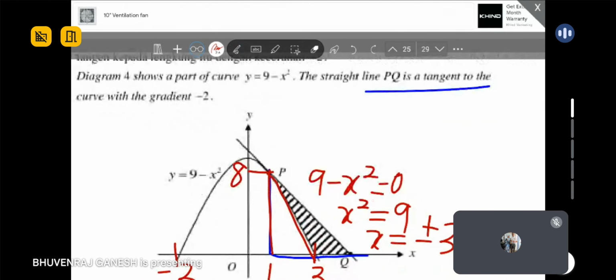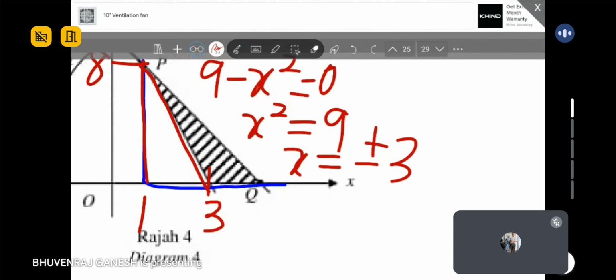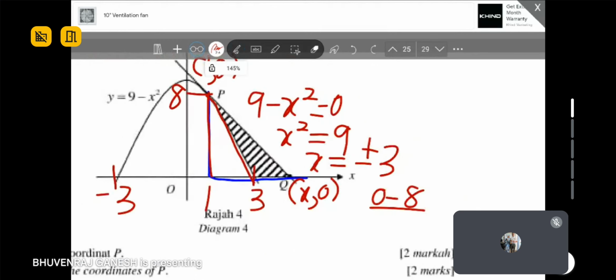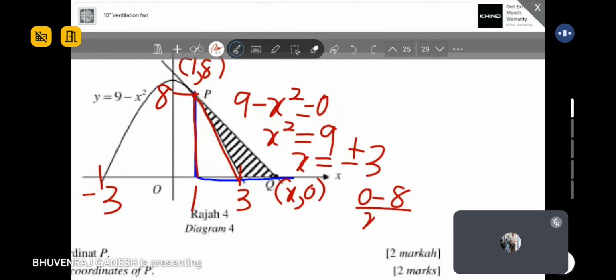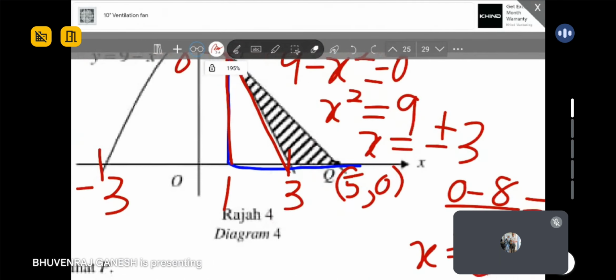Okay, so PQ, the gradient is negative 2. So you can find out already. This is 1, 8. And then coordinate Q, x0. So you guys find the gradient. Cari kecerunan. 0 minus 8 over x minus 1 equal to negative 2. So if you solve, you should get x equal to 5 for this one. So kamu gantikan x sama dengan 5. So now you can start already lah, integration.